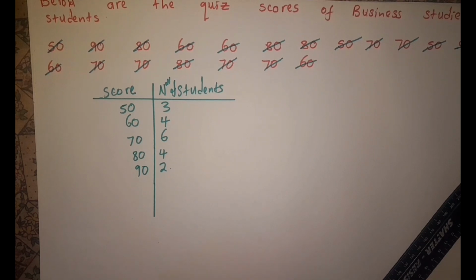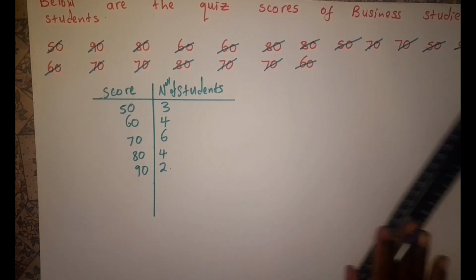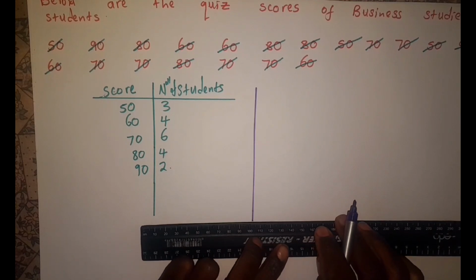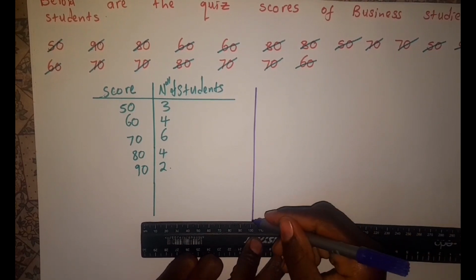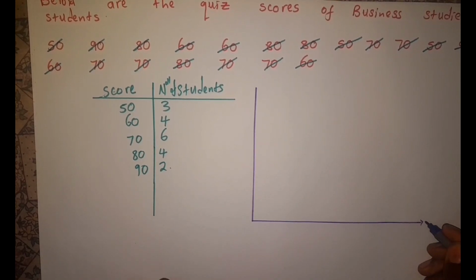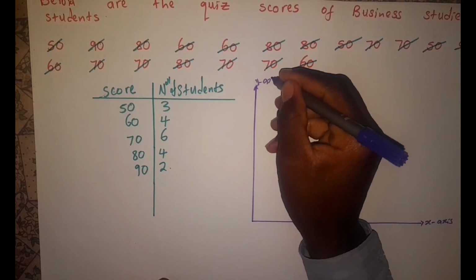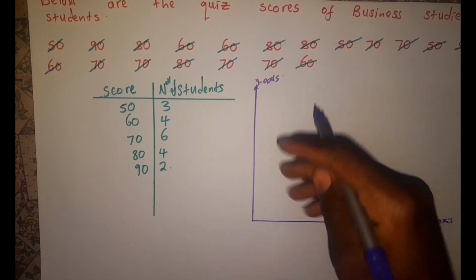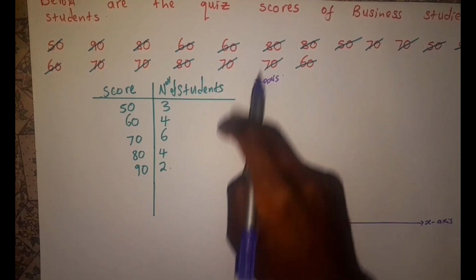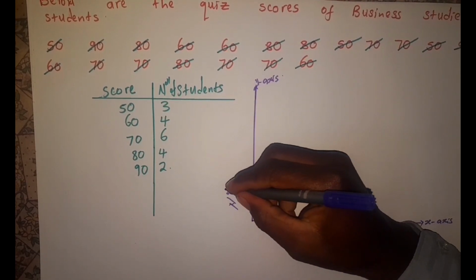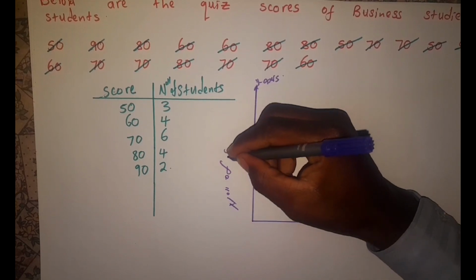Now on the simple bar chart, what we do first is draw our first 2 lines, the horizontal and the vertical line. This one is called the x-axis and this one is the y-axis. As usual, on the vertical line is where we plot the frequency, and the frequency here is again the number of students.